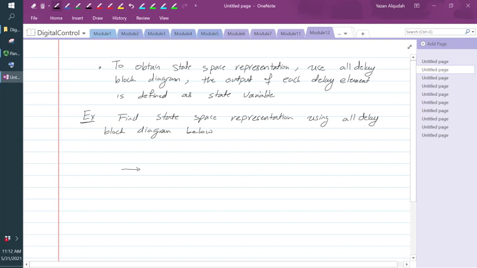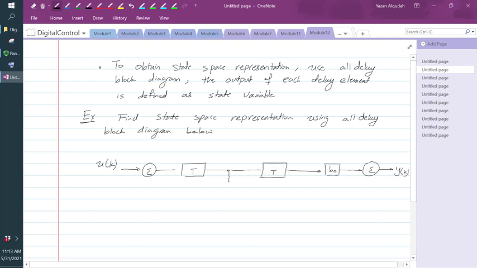In the all delay block diagram, we have an input u of k, and we have a delay T, another delay T, and then we have b0, and we're adding these together to give y of k.